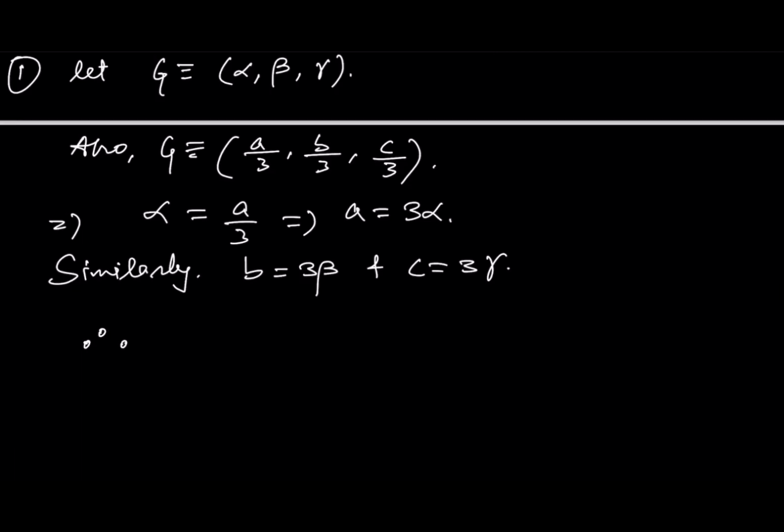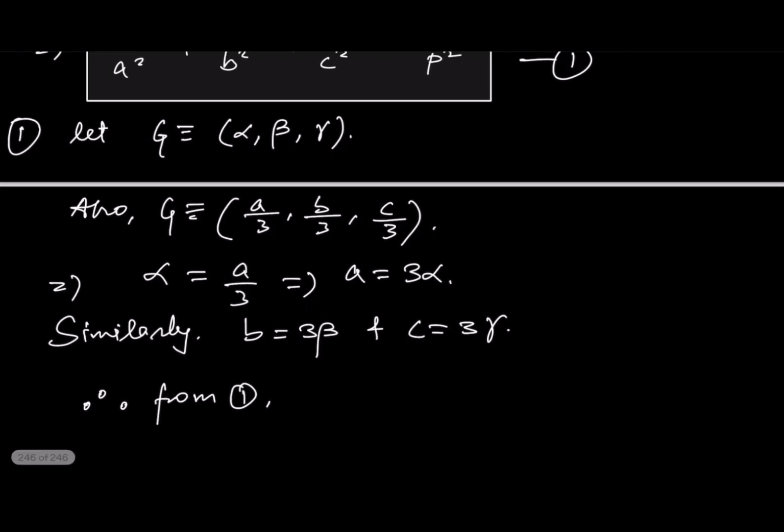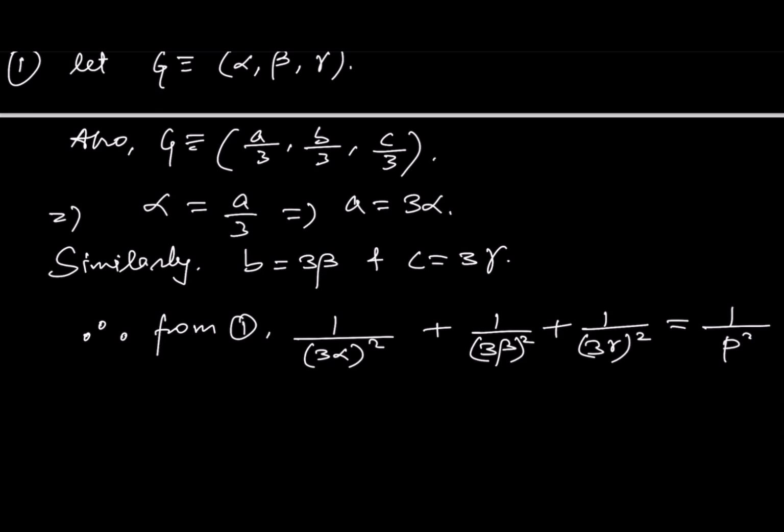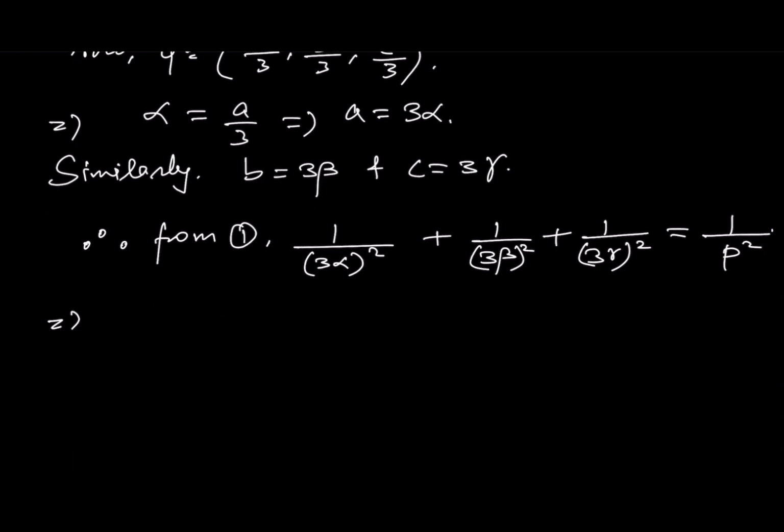So from the relation, 1 upon (3 alpha) whole square plus 1 upon (3 beta) whole square plus 1 upon (3 gamma) whole square is equal to 1 upon p square, right? So 1 upon alpha square plus 1 upon beta square plus 1 upon gamma square is equal to 9 upon p square.